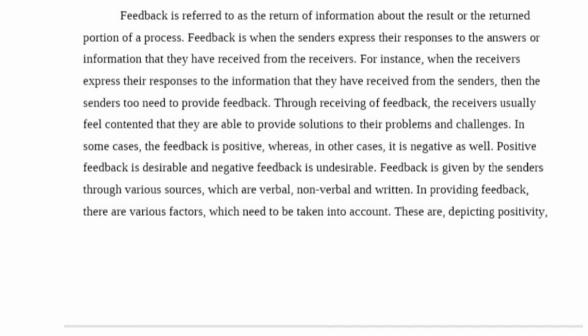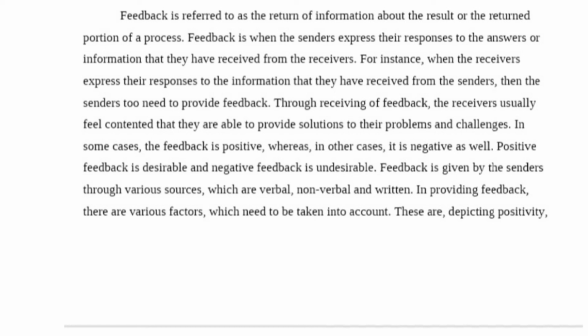So, when a receiver gives his feedback, his response to the sender about the message shared by him, then the sender can give the solution to the problems and challenges which the receiver puts in front of them. In some cases, the feedback is positive, whereas in other cases it is negative as well.